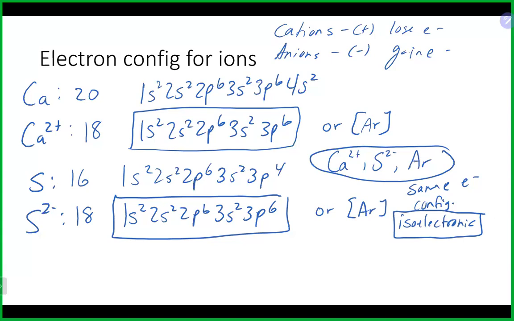Now, as I think we've talked about previously, we know that calcium and sulfur do not become argon, and that is because we do not change the number of protons, right? Because the protons are not changed here, calcium and sulfur are still calcium and sulfur. They become like argon in the sense that their electron configuration is the same as argon.